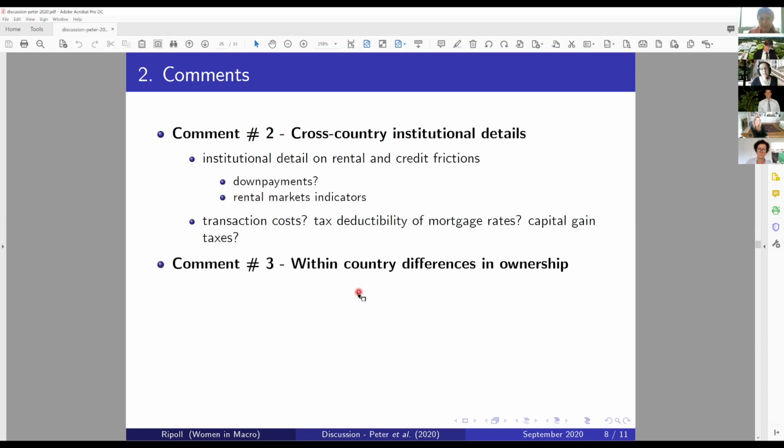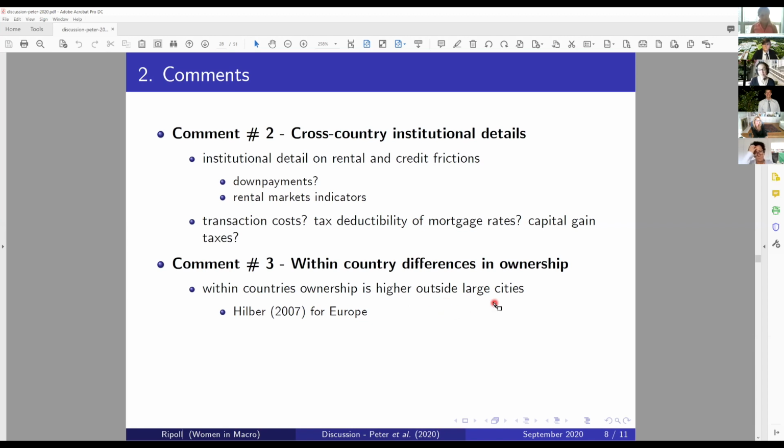The rest of my comments have to do more with, as a reader, when I think about this connection between ownership, renting, and the family, some things came to mind that would be nice to discuss in the paper. One thing is that, within countries, ownership seems to be higher outside large cities.